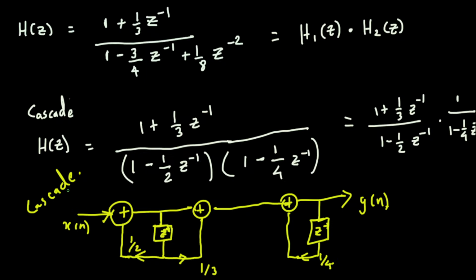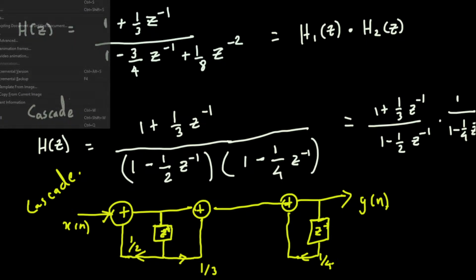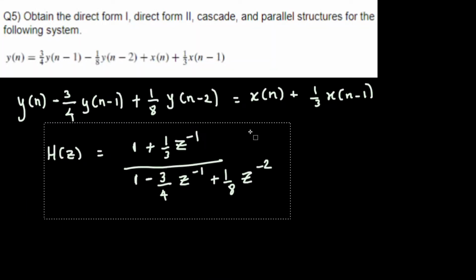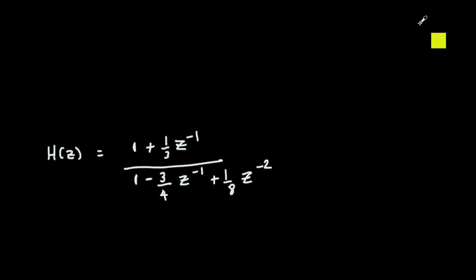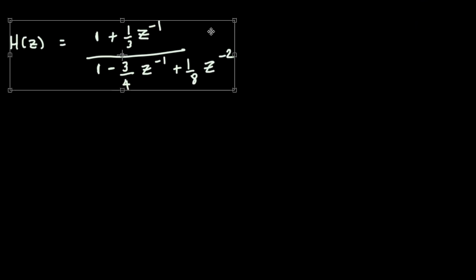Okay, now next we can look for the parallel. For the parallel, the separation is going to be different. We bring the same equation. Now we don't do like before.